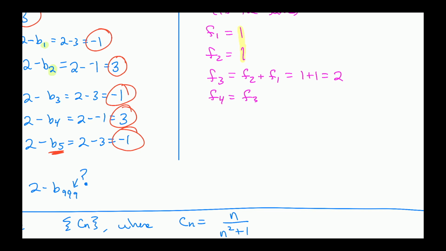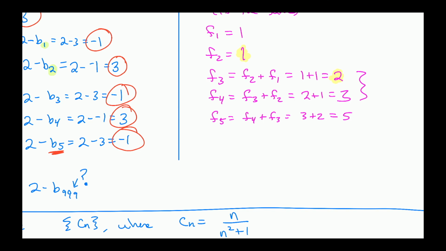It's F3 plus F2, which are the 2 and the 1. So you get 3. And you just keep doing that. For the next one, you add 3 and 2, F4 and F3, which is 5.